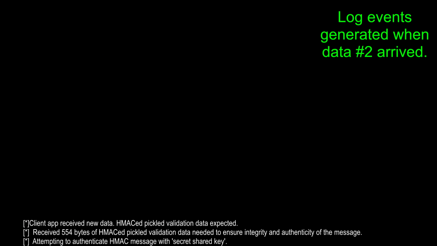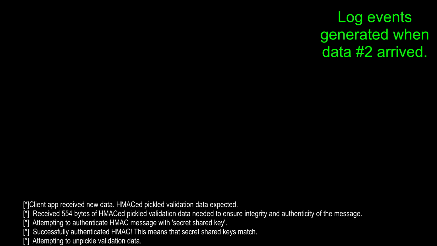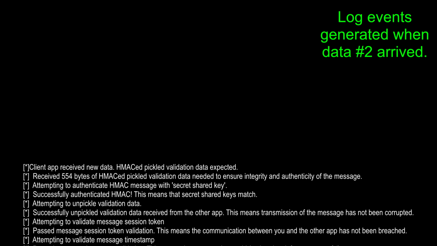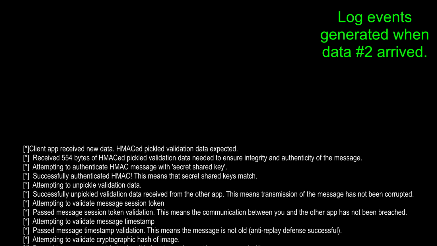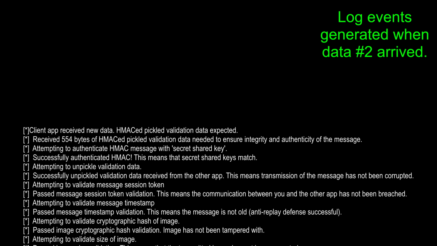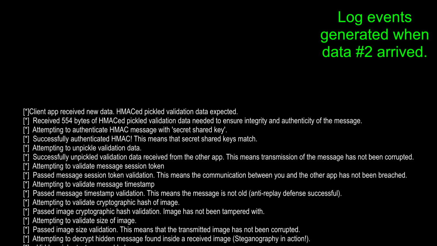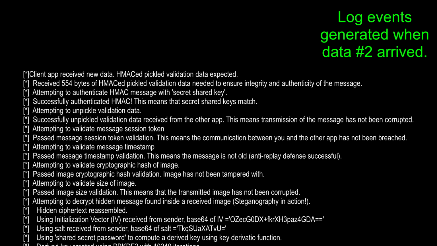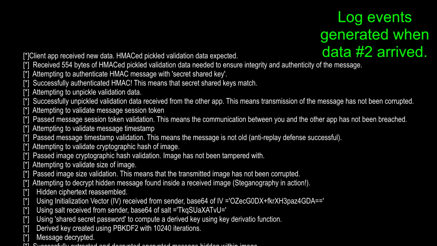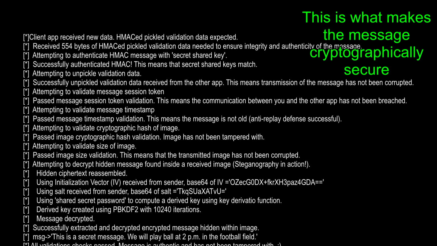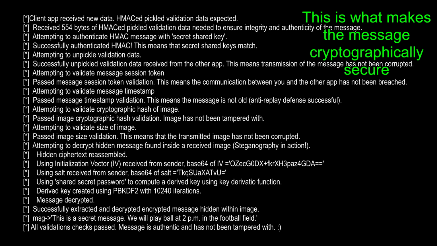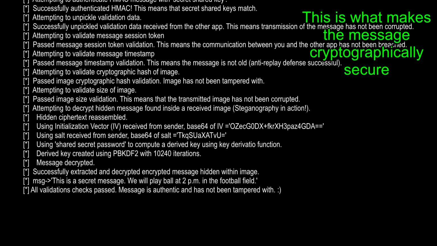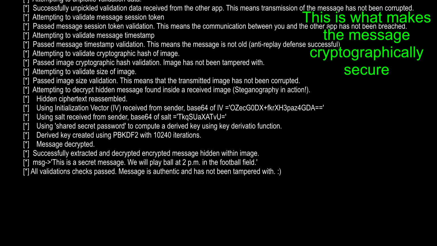So this second piece of data is the hash message authentication code. It's 554 bytes long. Right here we test to make sure that both shared secret passwords are synchronized. If they are, then we continue picking off all the important items within the HMAC message, such as the session token, the timestamp, the cryptographic hash of the image that was sent in the first block, the size of the image.